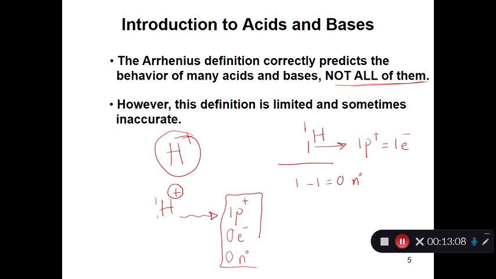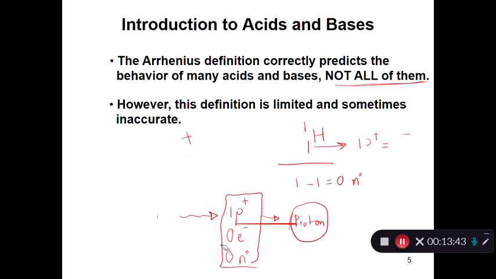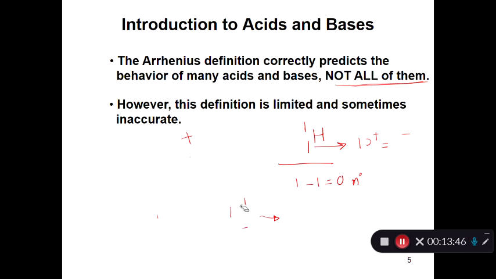This ion doesn't have a neutron or an electron, so it has only 1 proton. Sometimes we call that a proton. So Arrhenius theory said acids dissolve in water and produce H+, a proton. That is why we need to work on some definitions so they are more accurate.